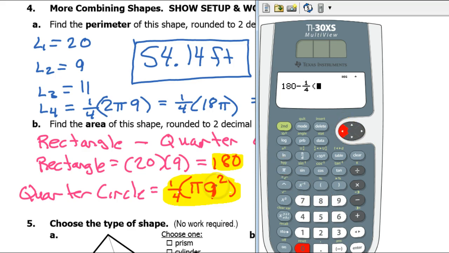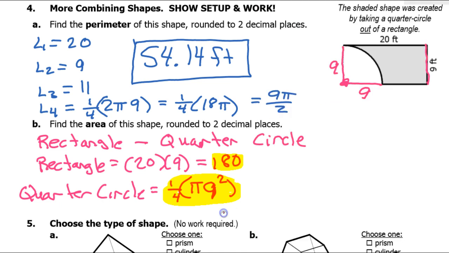And I'm just going to go ahead and put 81 pi. 9 squared is 81. So that's going to be 116.38. And because this is area, we will say square feet.